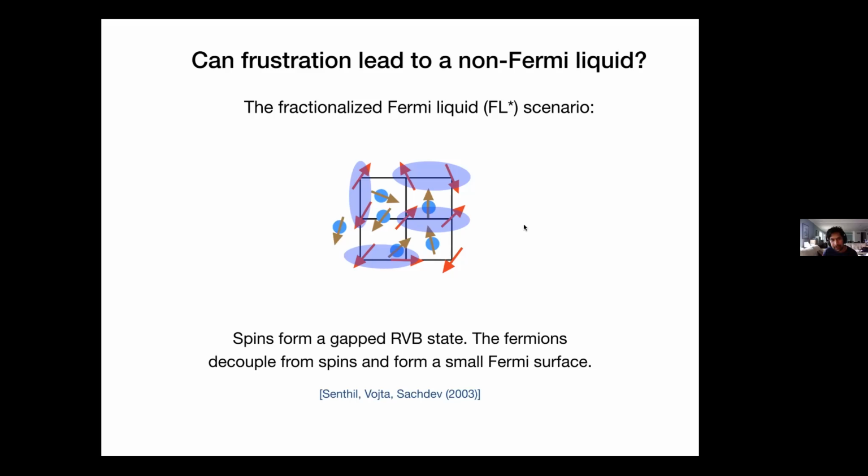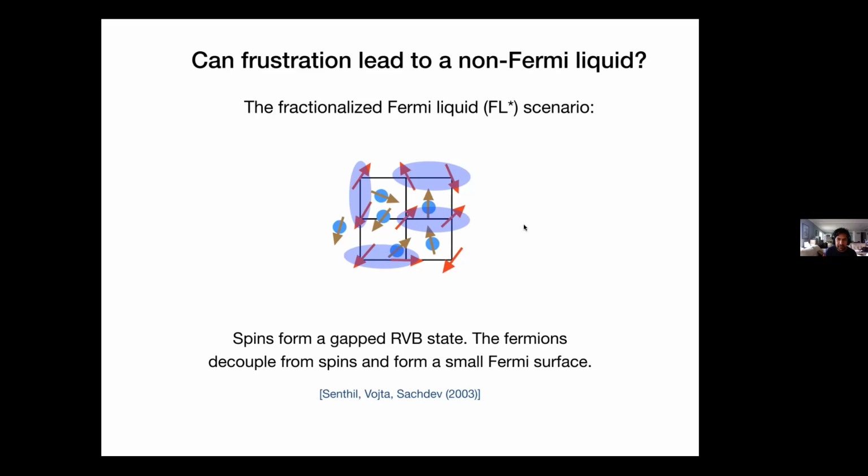Another topic along the same direction is fractionalized Fermi liquid, which is a different kind of phase motivated by an experiment on iridium or germanium doped ytterbium rhodium silicide, where you find this intermediate small Fermi surface phase, seemingly. At least that's the claim.